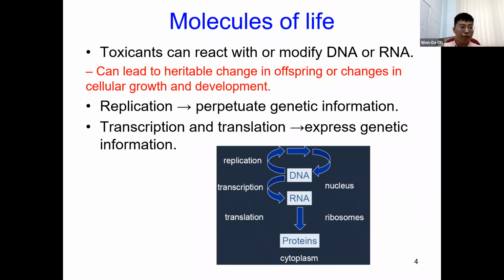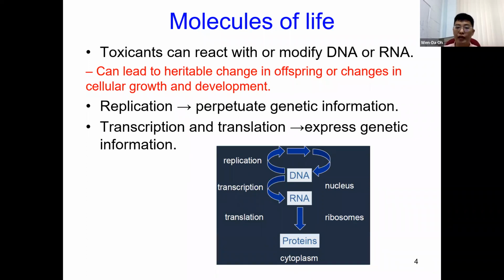Okay, so let's look through these molecules of life. When we talk about how carcinogens and mutagens can make some difference in our body, we are actually talking about how they can induce changes to our DNA.